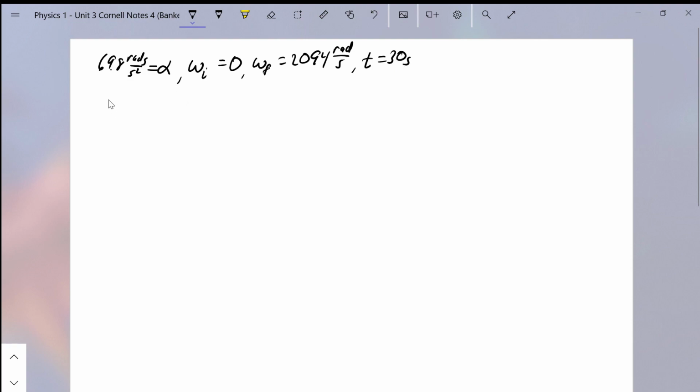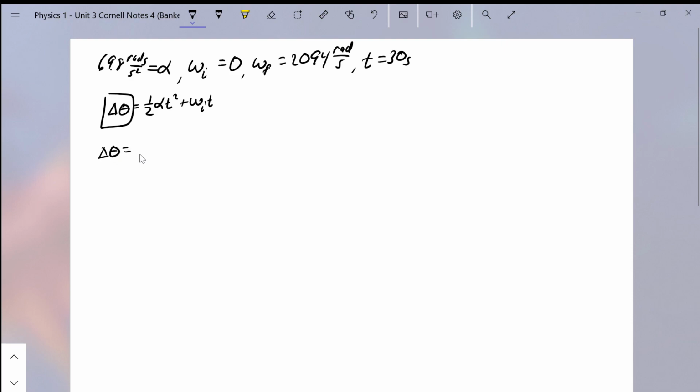So now if I want to know how many radians I will have swept out during my circular motion, I will take delta theta is equal to 1/2 alpha t squared plus omega initial times t, and just basically plug in numbers at this point because we're trying to solve for delta theta, that is our distance.